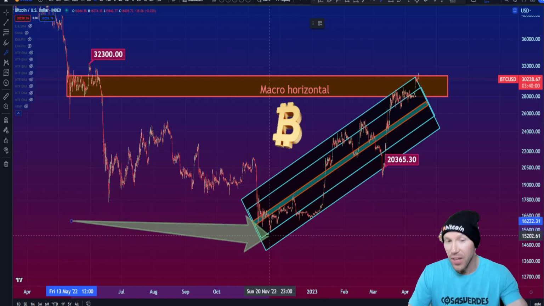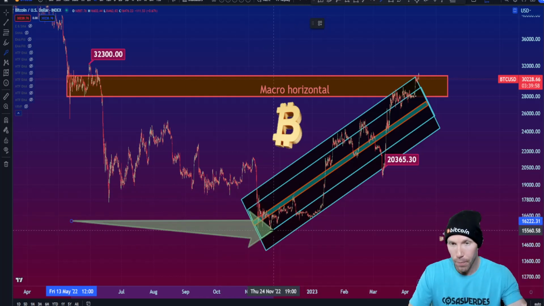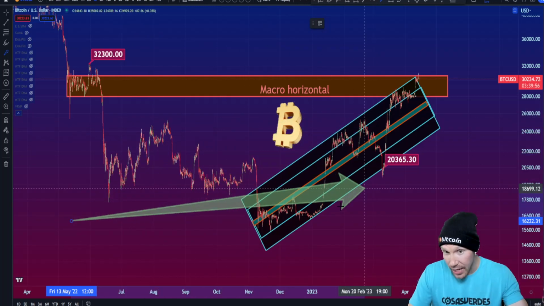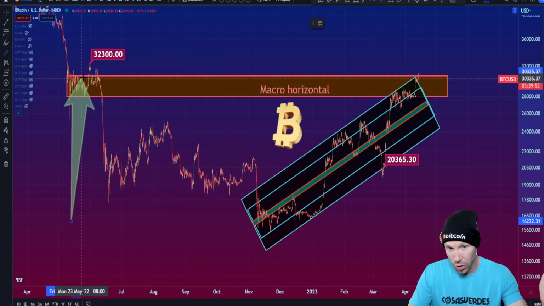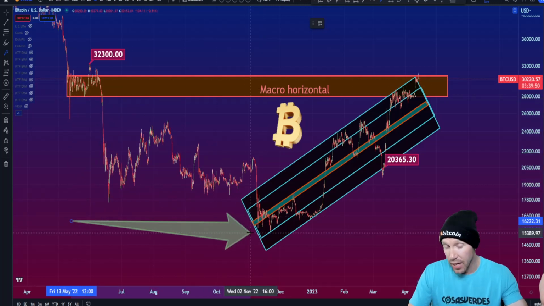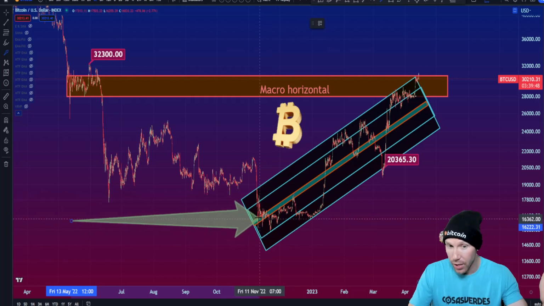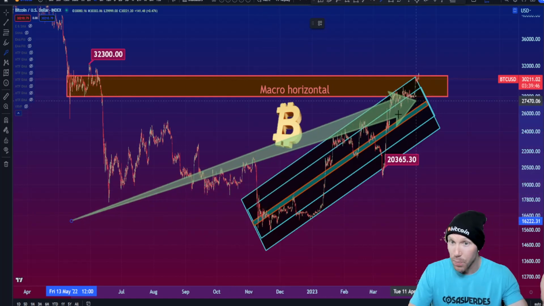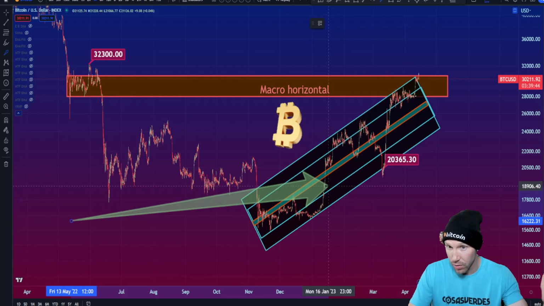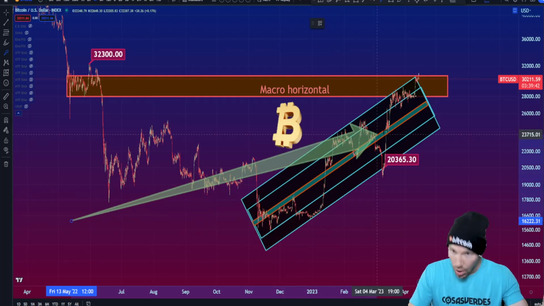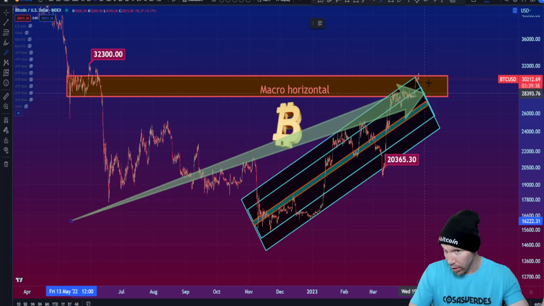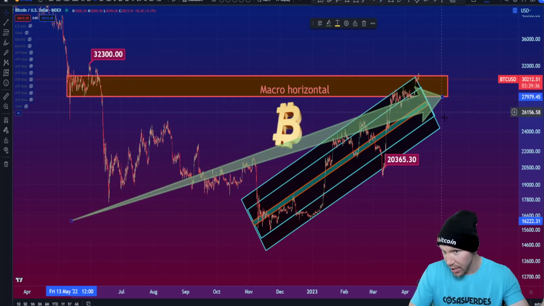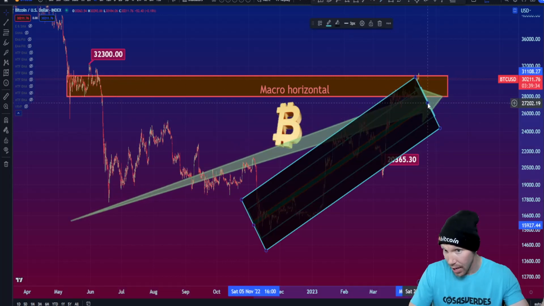Just think of the idea, is the bottom in? In that idea, if it is, this is the whole bottoming formation, and this is its first structural obstacle. Since the entire calendar year in its ascent up, it's been perfectly inside of this channel. So therefore, once it breaks out of the channel, and if Bitcoin can hold on and break out of this simultaneously, for example, extend this guy.